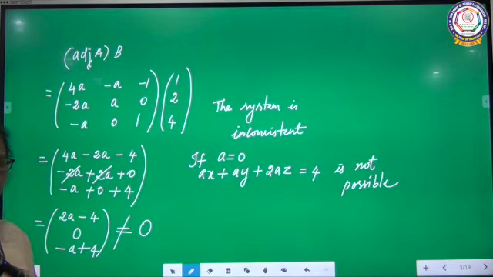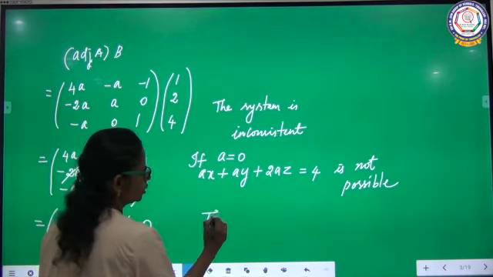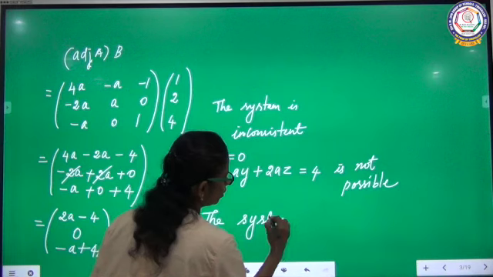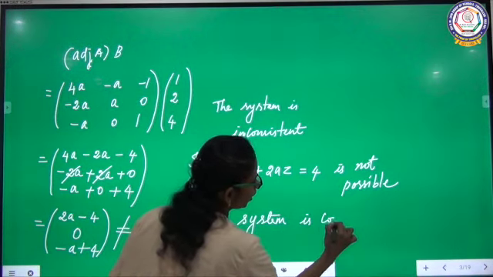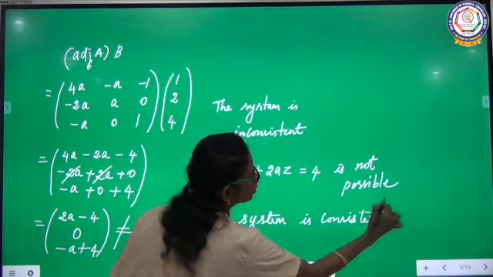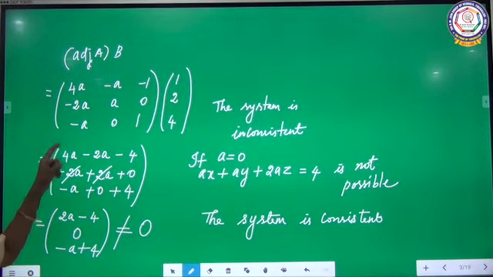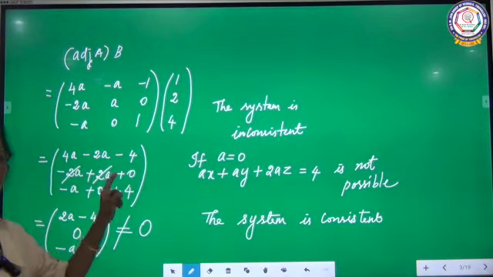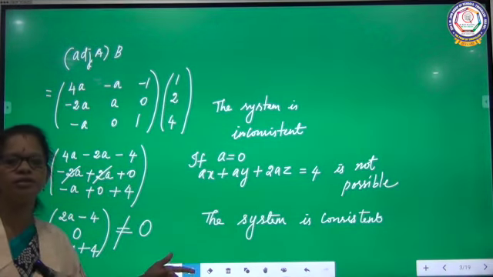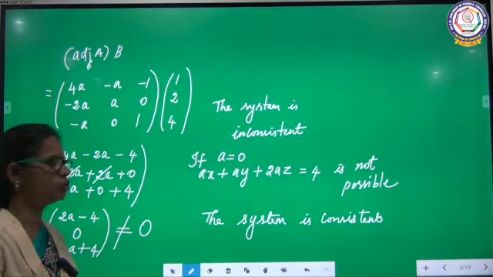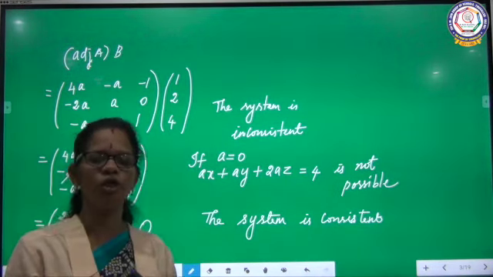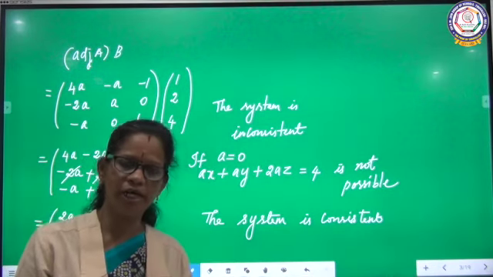So finally, what is your conclusion? The system is consistent. Because if determinant A, that is A not equal to 0, you can get determinant A not equal to 0. The system is consistent. It has a unique solution. If you are arising the thing A equal to 0, then you get determinant A equal to 0.